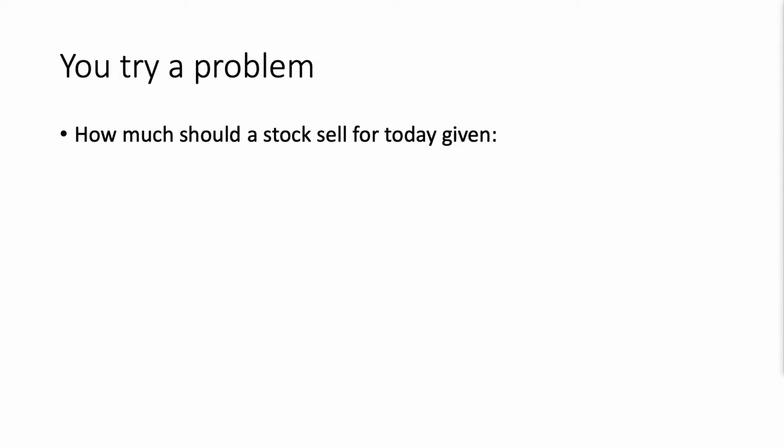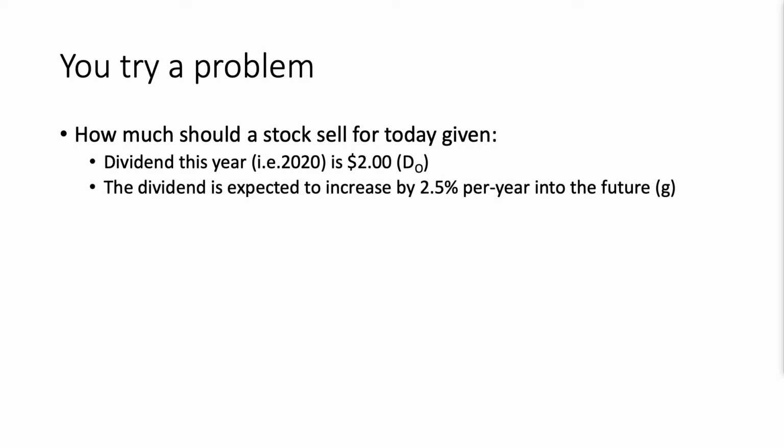We've done this before, so you try a problem. How much should a stock sell for today, given the dividend this year is $2? The dividend's expected to increase by 2.5% per year into the future, throughout time, forever. The required return on the stock is 11%. That's what we believe is a fair return.